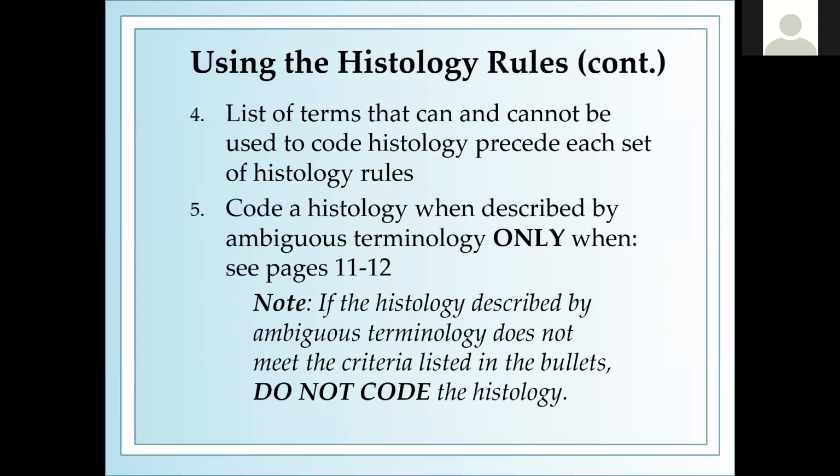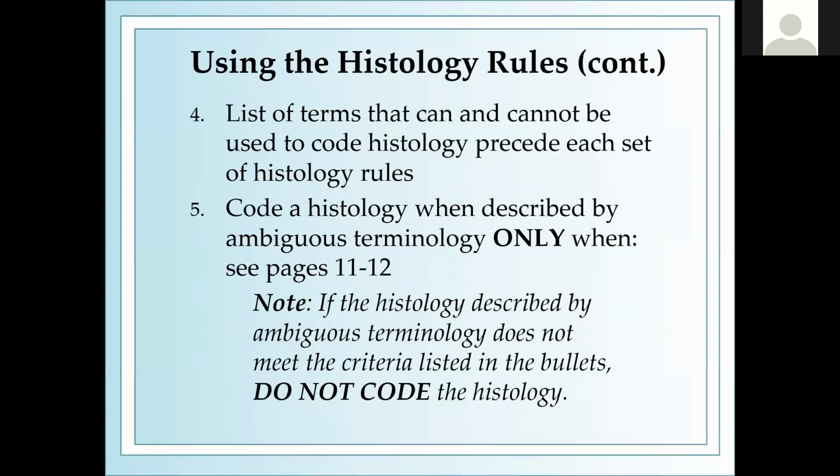We only code histology when described by ambiguous terminology only when histology is clinically confirmed by a physician, and that physician can be an attending physician, a pathologist, oncologist, any type of physician. The patient is treated for the histology described by an ambiguous term.